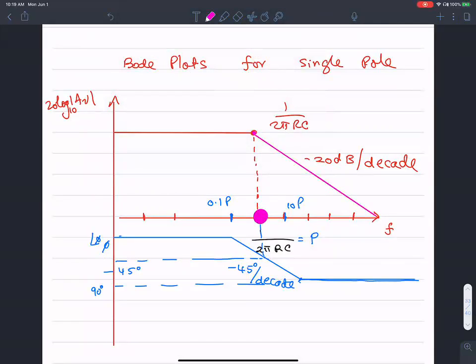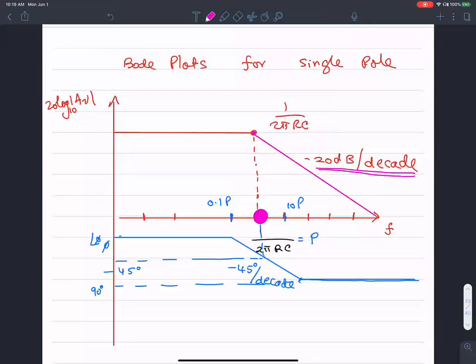For a single pole, the slope is always minus 20 dB per decade, so the gain is going to roll off at 20 dB per decade.